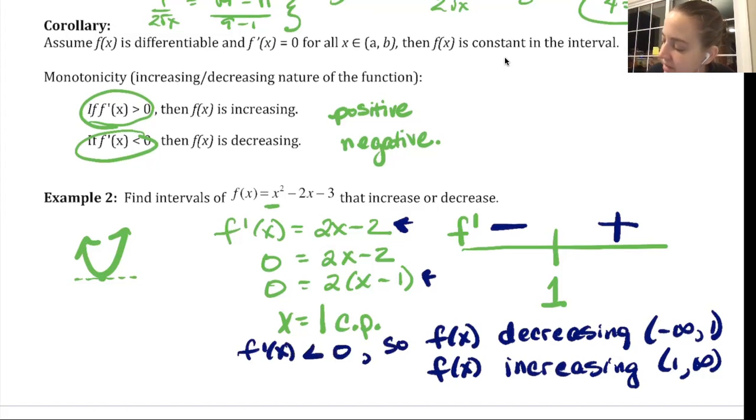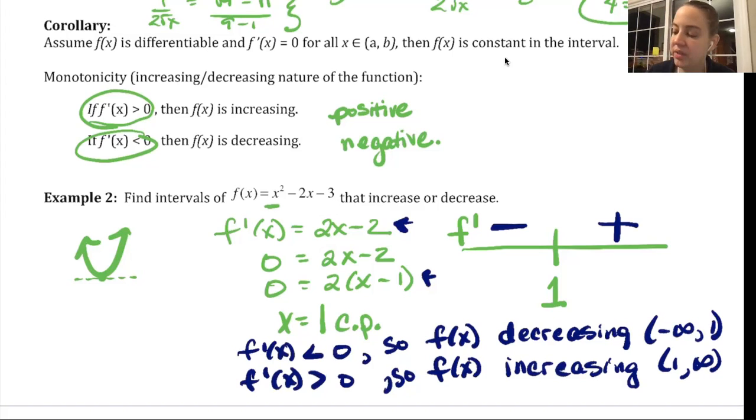So f of x is decreasing from negative infinity to 1. F prime of x is greater than 0 on the interval from 1 to infinity. So f of x is increasing. So the piece in blue you could use as AP justification. The number line you can't, but it's a really good way to organize your work.